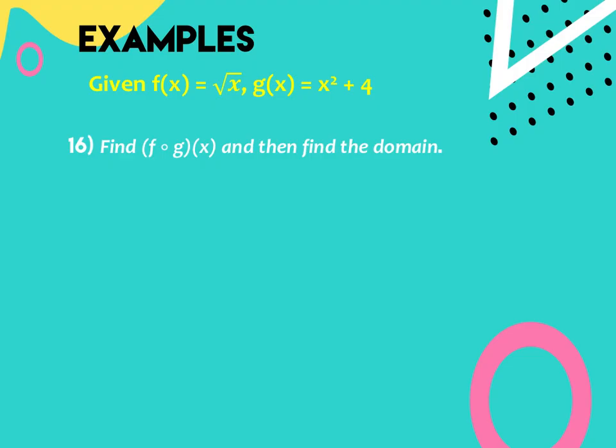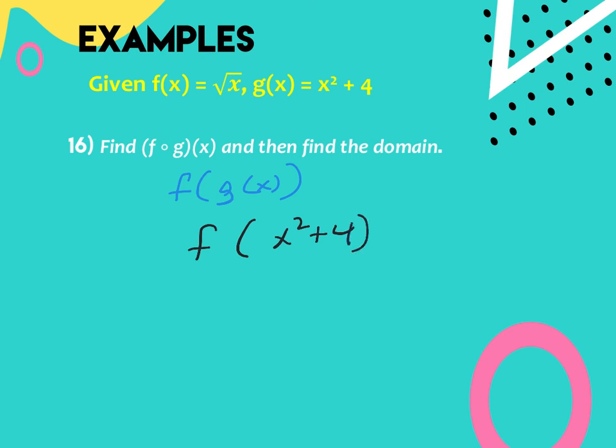Okay, so here's the last example of the notes. Again, we're still doing the same thing. I'm going to be taking my g of x function and plugging it into the f of x function. So essentially what I'm doing here is taking f of x and plugging in x squared plus 4.